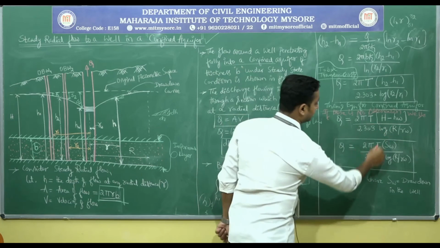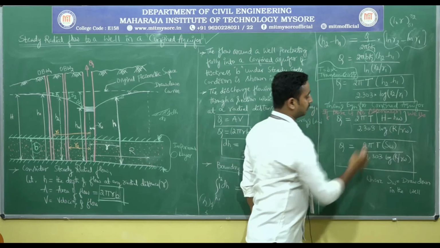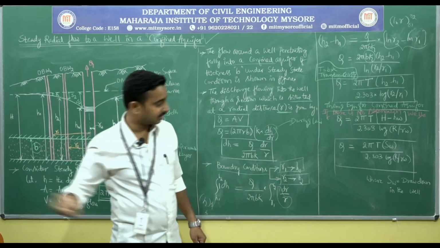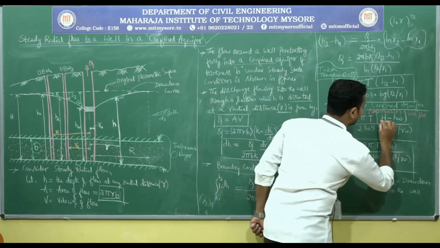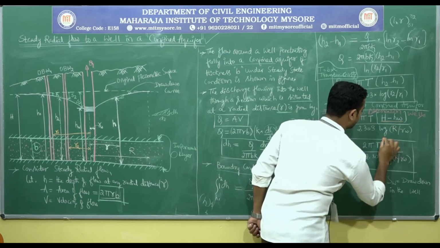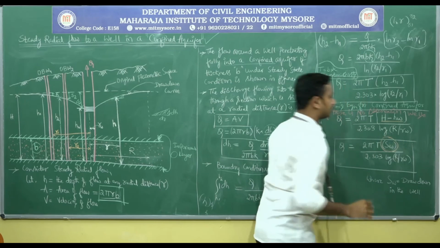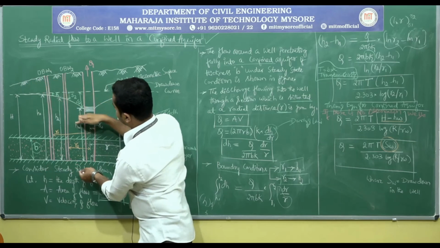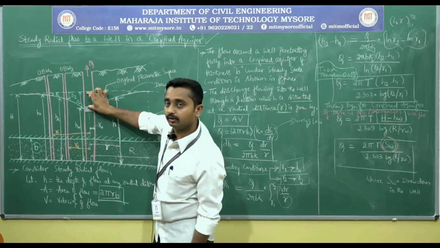Now 2 pi T as it is, and H minus Hw is nothing but the drawdown sw, correct?